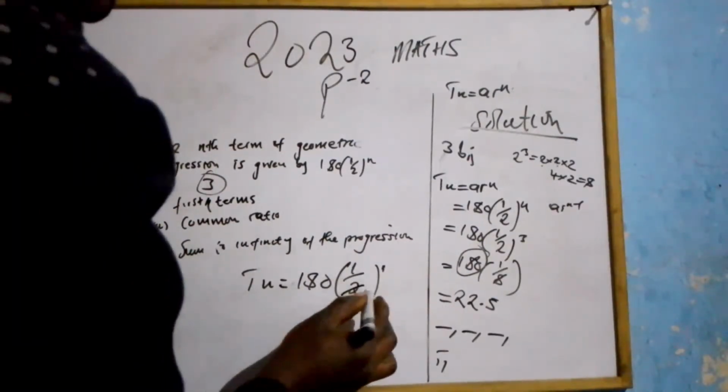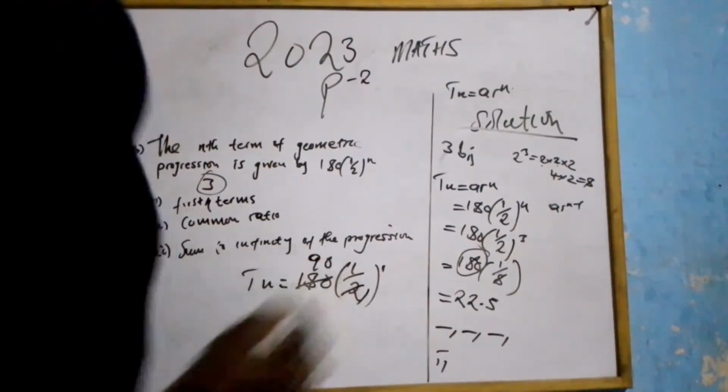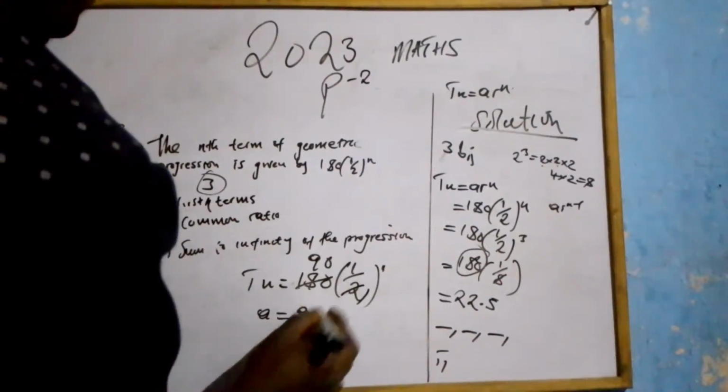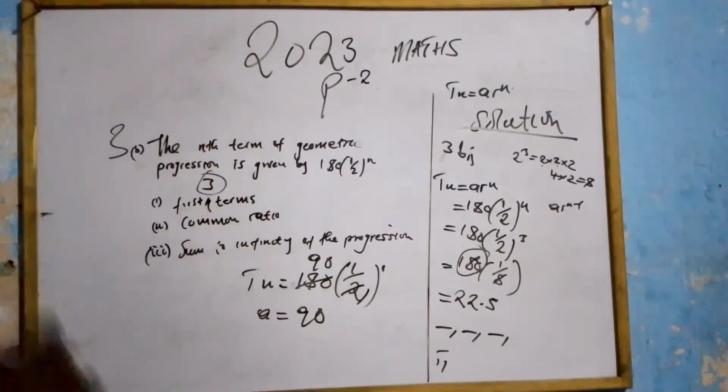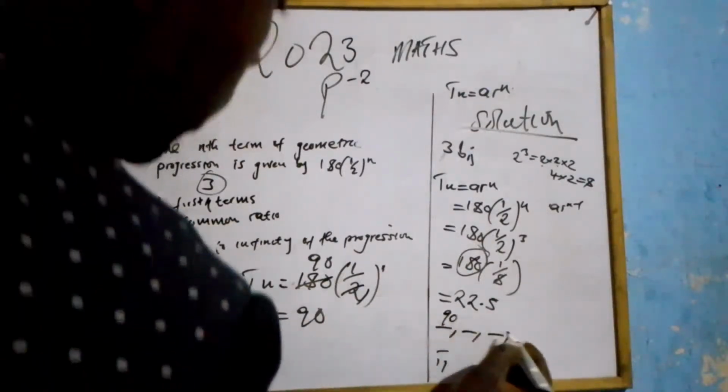So 180 over 2 is 90. So our first term is equal to 90.